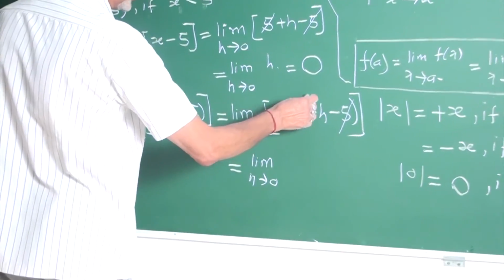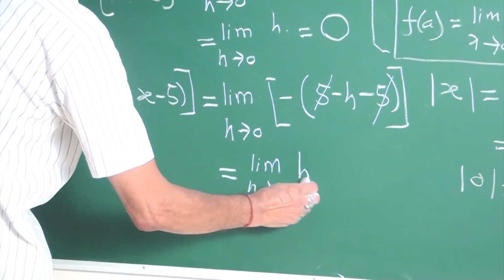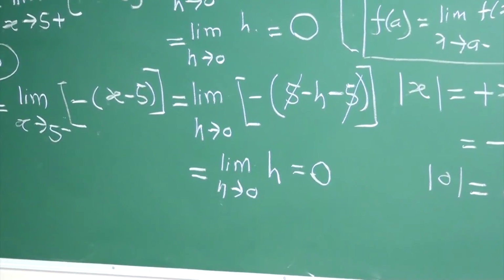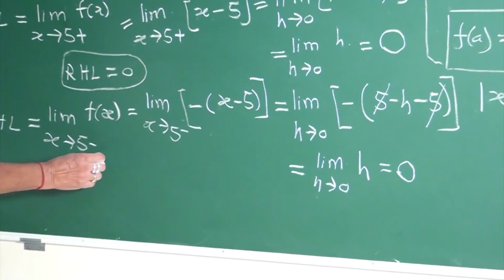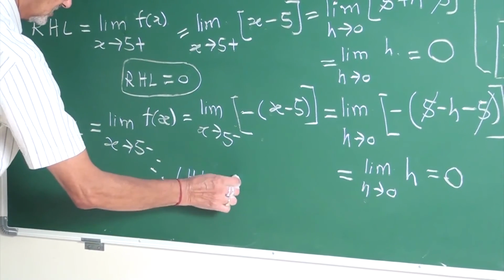This plus 5 cancels with minus 5. Minus with minus is plus h. Limit as h tends to 0 means what is this, my friend? 0. Therefore, even LHL is 0.